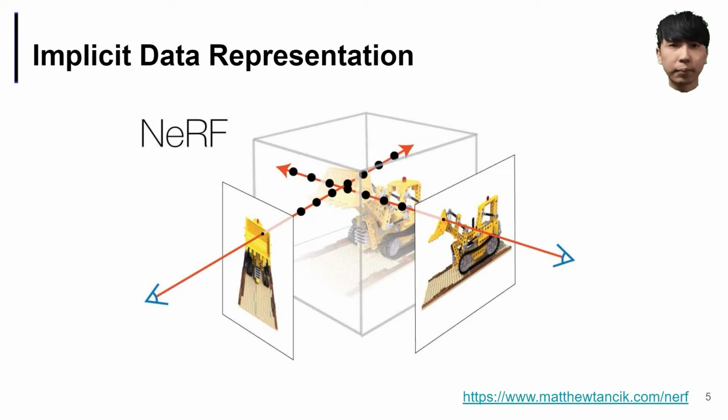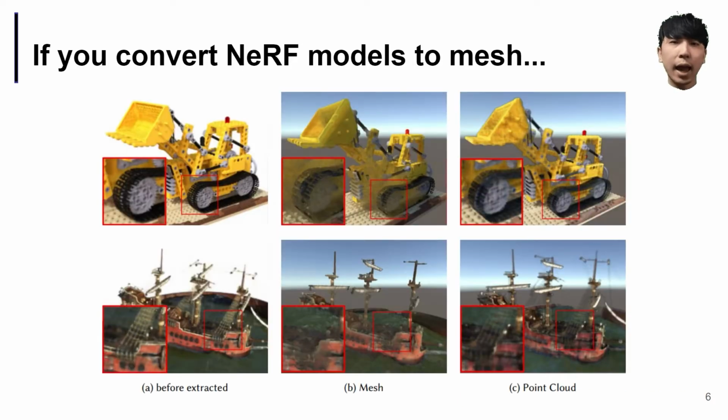Let's briefly review implicit data representation-based models. These are basically image or video generation models. When given a certain viewpoint, they can predict and generate observations from that viewpoint. Unlike mesh, which is represented by a surface and texture, it does not have an explicit three-dimensional structure, as the name implies.